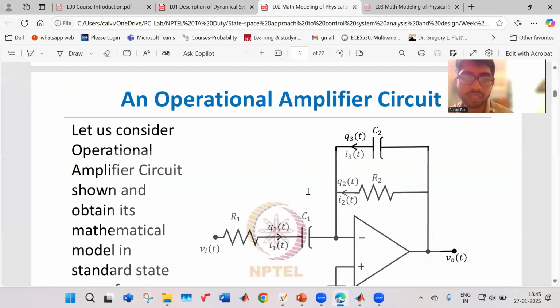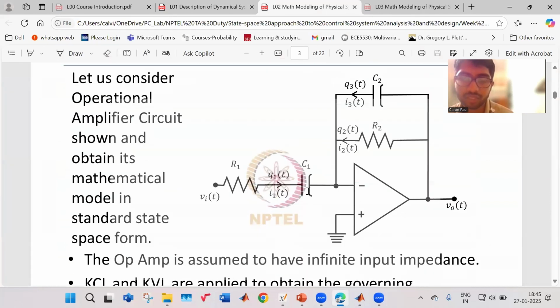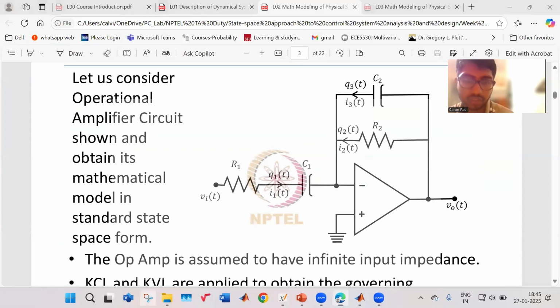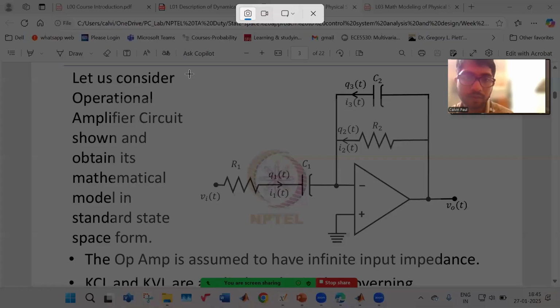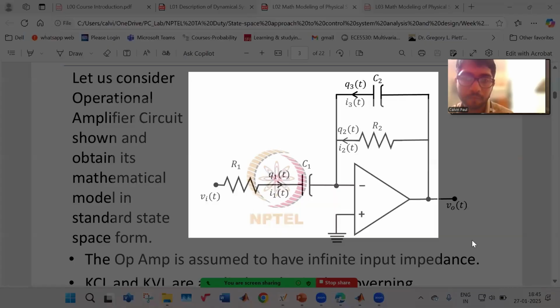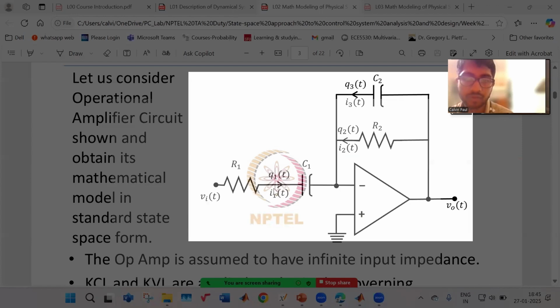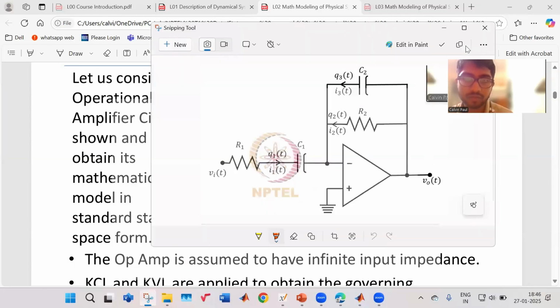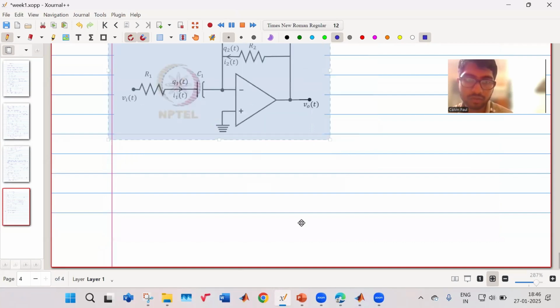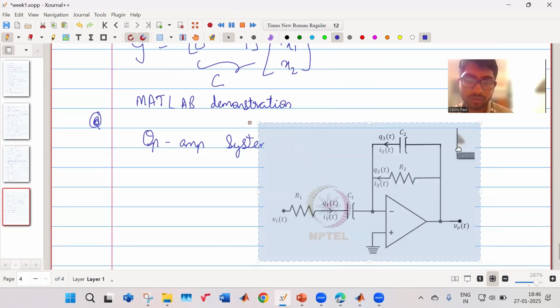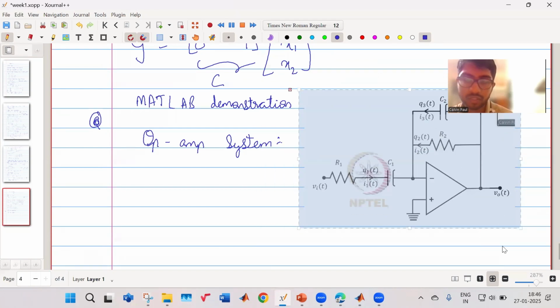This is the operational amplifier system which sir considered. Okay, so this is the op-amp system.